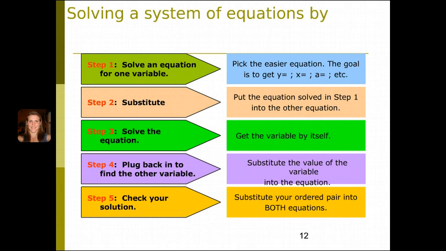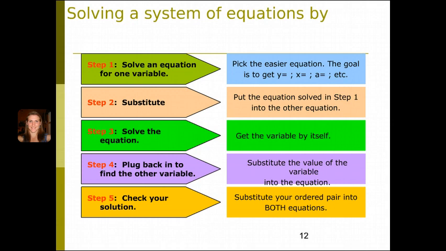That is usually getting y by itself or getting x by itself, or whatever variables happen to be in the equation. The second thing you're going to do is substitute the variable that you just solved for into the other equation. That's going to give you an equation that has one variable, and in step 3 you're going to be able to solve that variable in order to find the first half of the solution to the ordered pair.